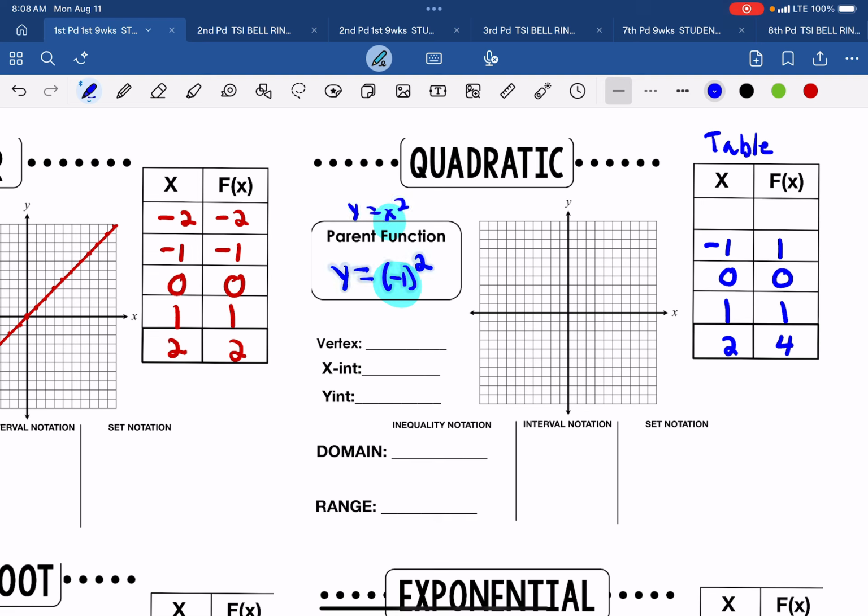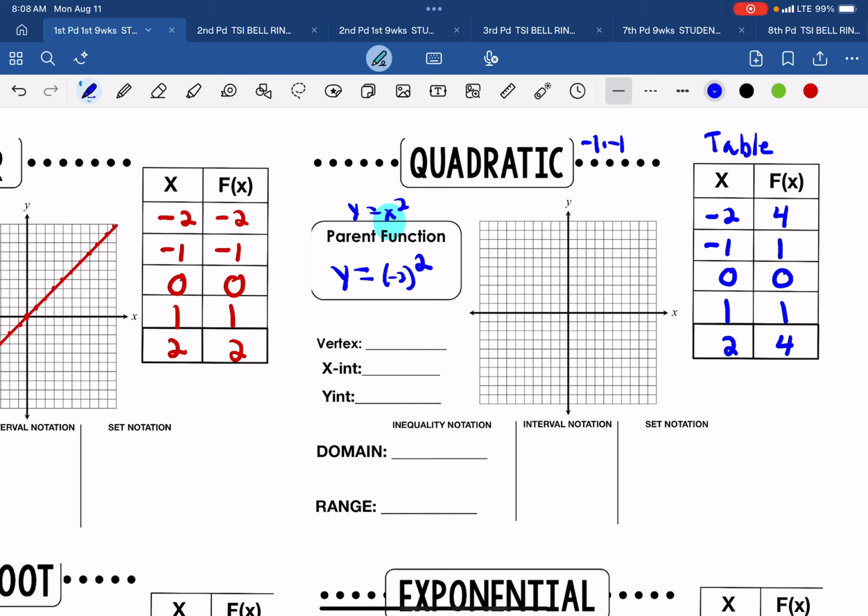Remember, negative 1 squared means negative 1 times negative 1. A negative times a negative is a positive. Now, let's replace the x with a negative 2. Negative 2 squared is positive 4. And voila, we have our table there.